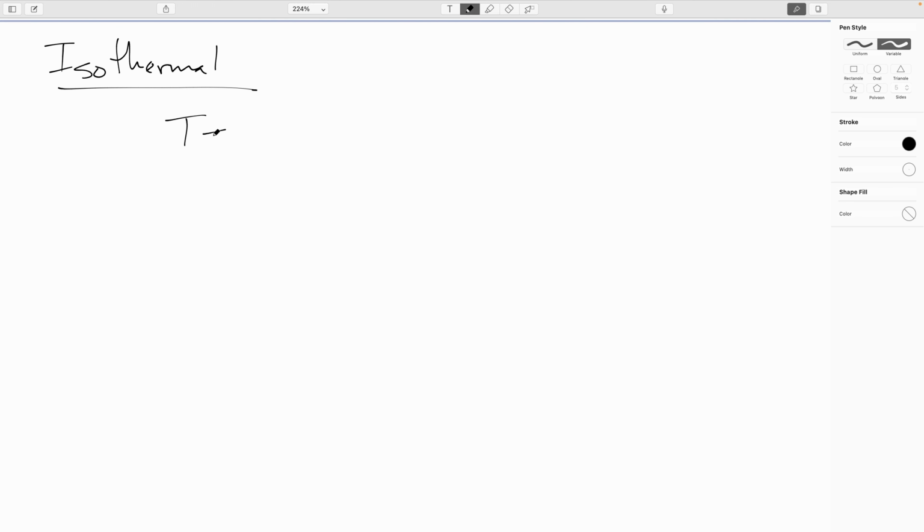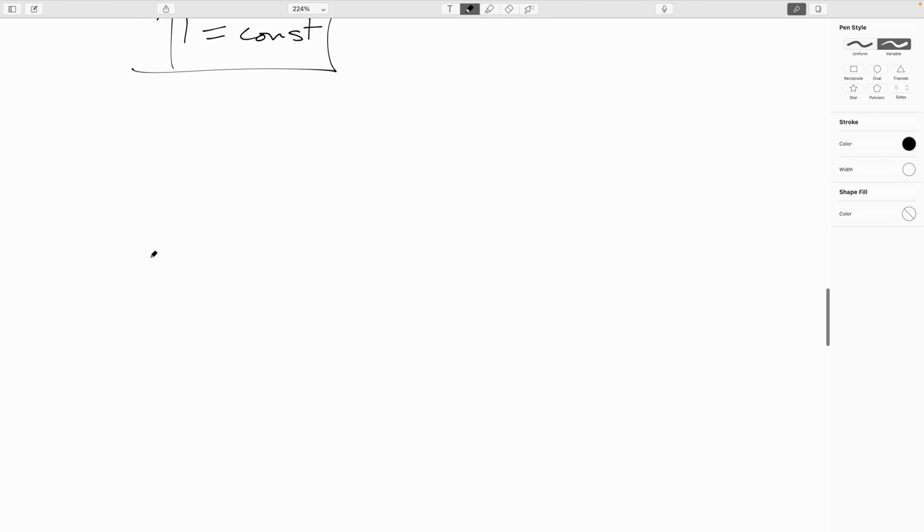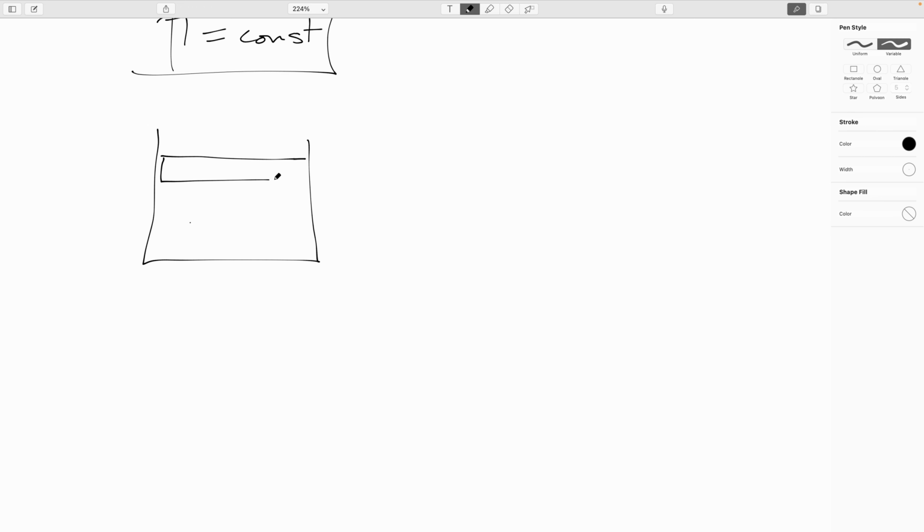So this is where T is equal to a constant. So how can I keep the temperature the same? Well, I could maybe take my whole contraption here. So I'm envisioning that maybe I have a piston like so, and with a gas in here.